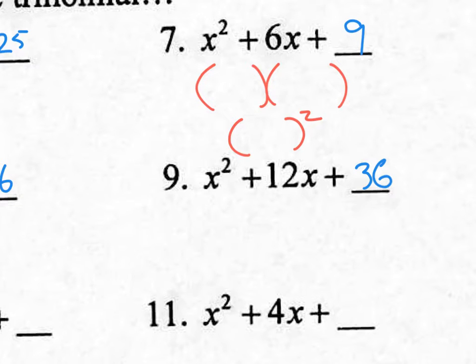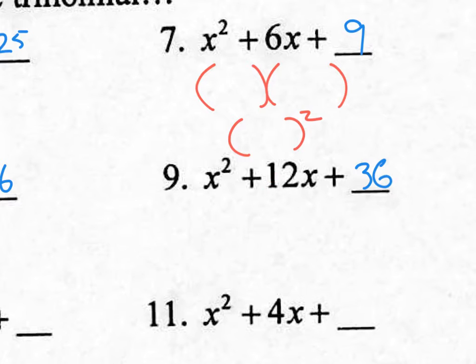We didn't even know this 36 to start with. It was blank. So you're thinking, the 12, what do I need to do to this 12 to be able to get the 36?